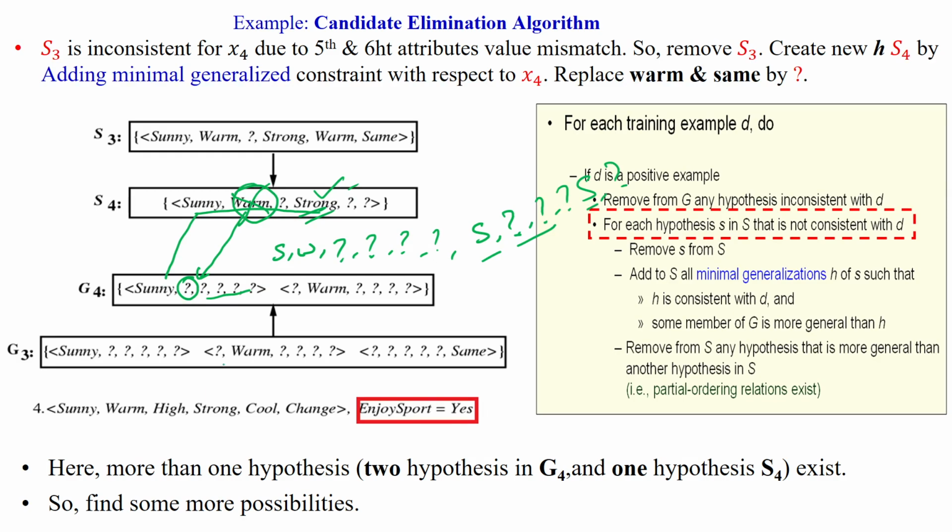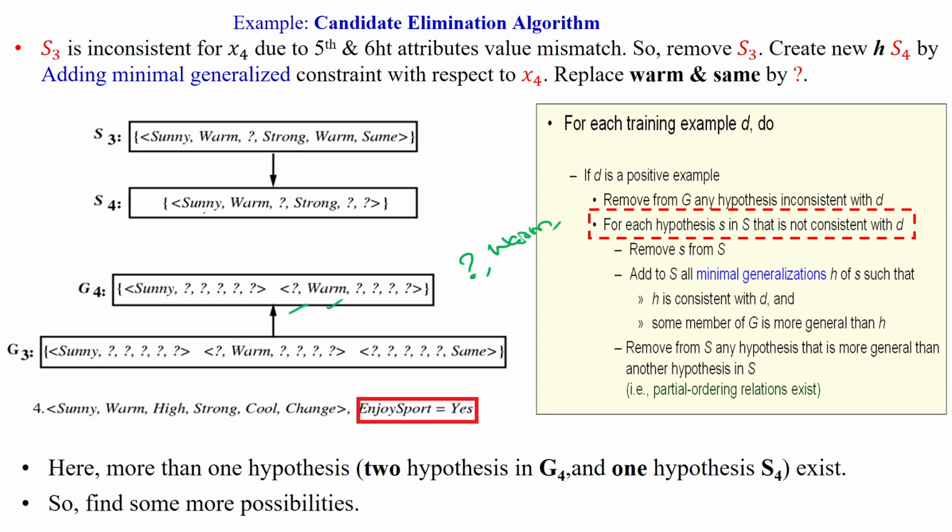Then you can replace the sunny and we can use the warm. So here we can replace this sunny; sunny will be a question mark, then we will have the warm from this.